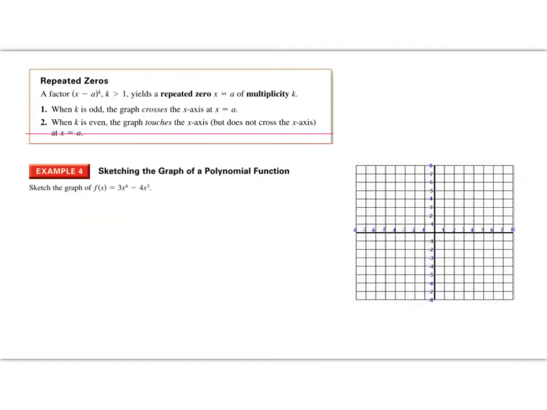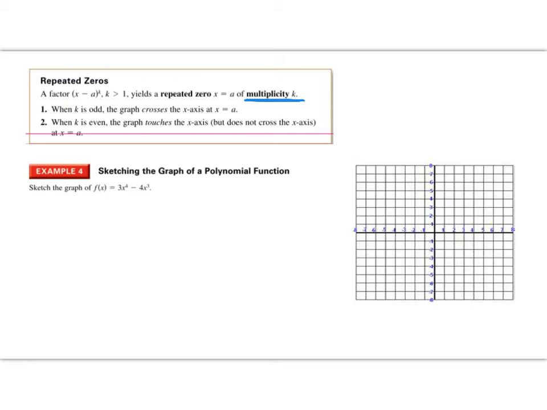Okay, so with repeated zeros, what you're looking at is the multiplicity of your zeros. This is going to make more sense when I do it, but you look at the degree, or the multiplicity, same thing, of your zeros. If it's odd, think of an odd function looking like an S, which means it goes through the x-axis.